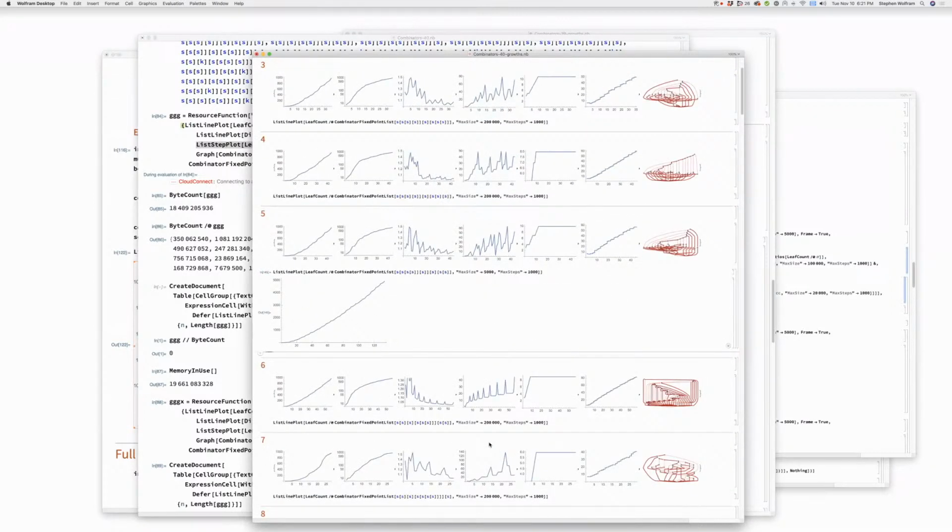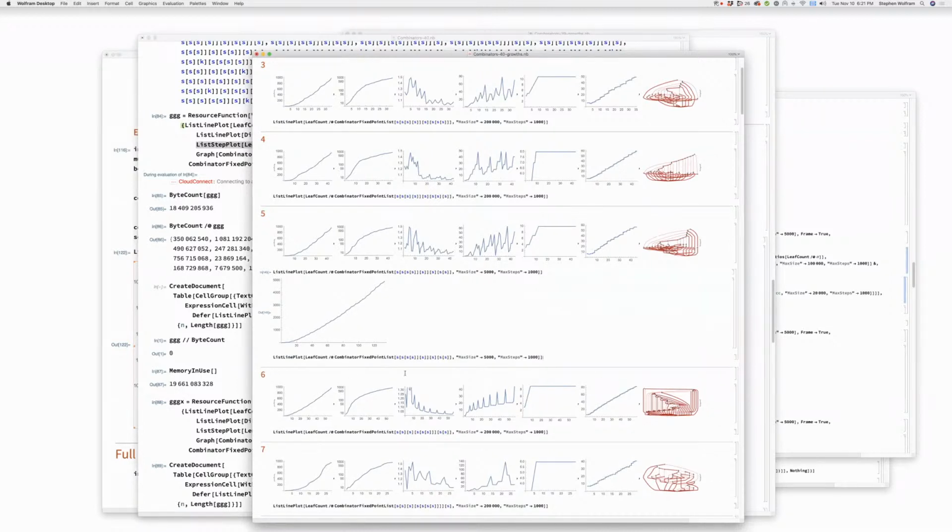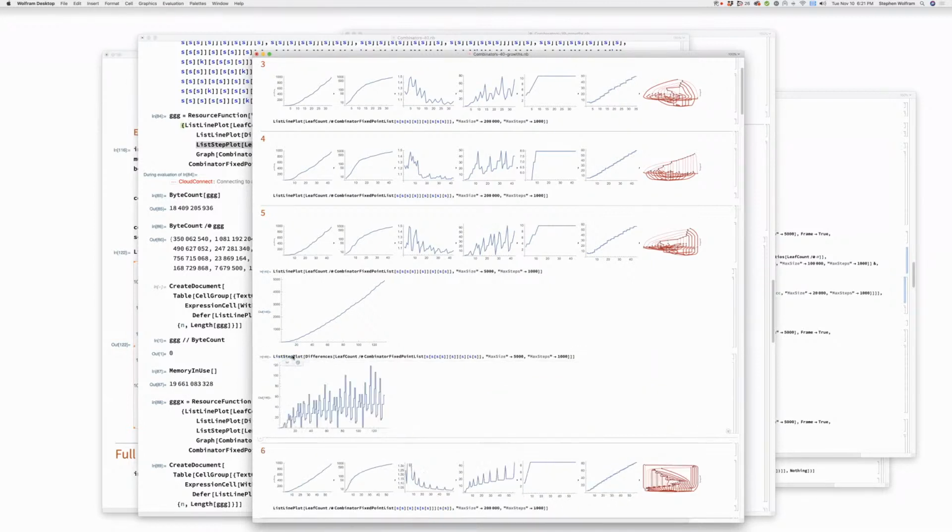Is that linear or what? That looks pretty regular.